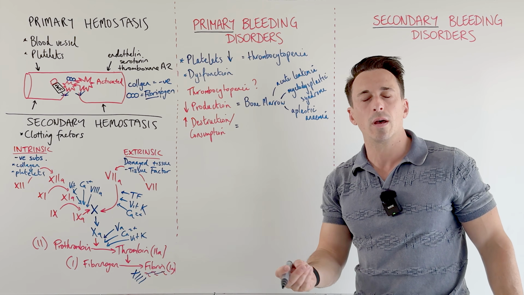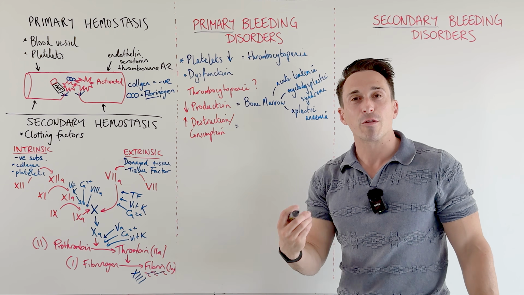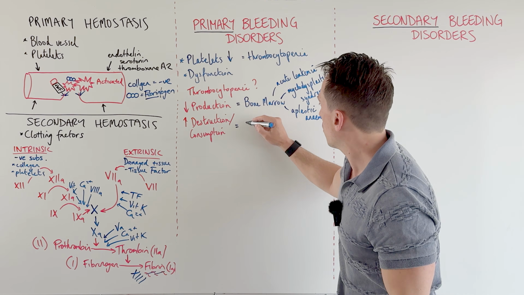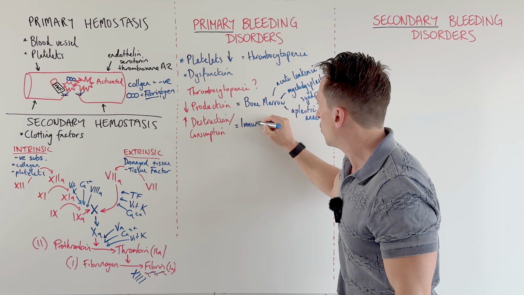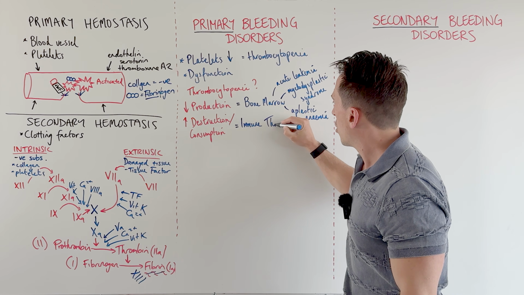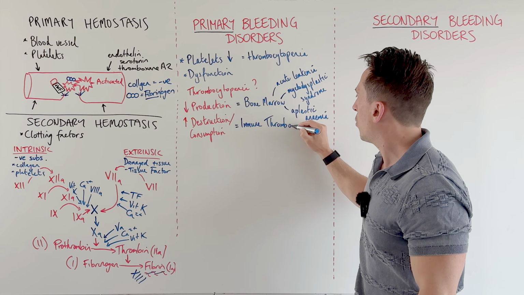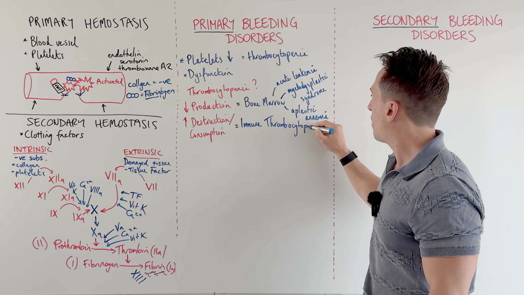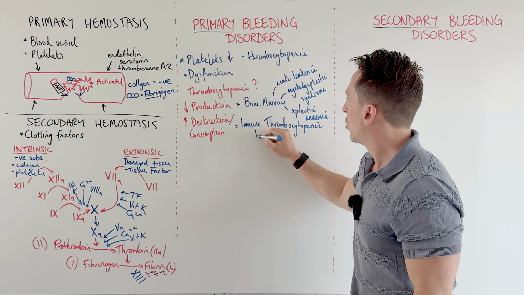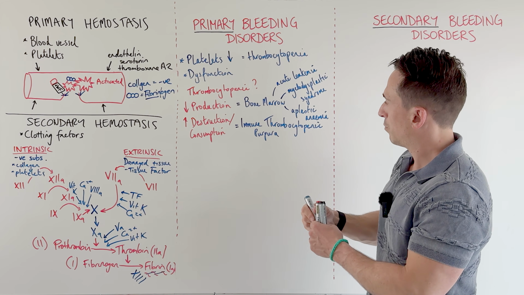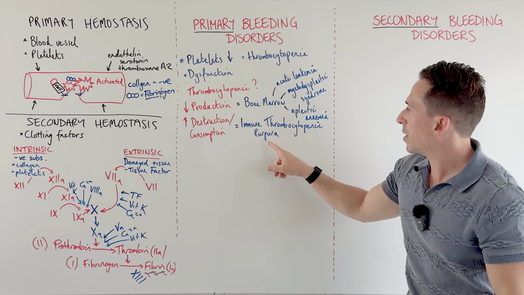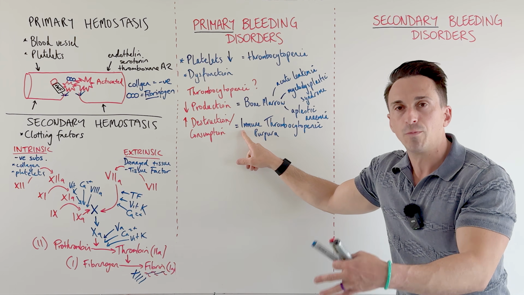So immune thrombocytopenic purpura. And you go, Mike, you're making words up. I'm not. Immune thrombocytopenic purpura. So immune, it's an immune issue.